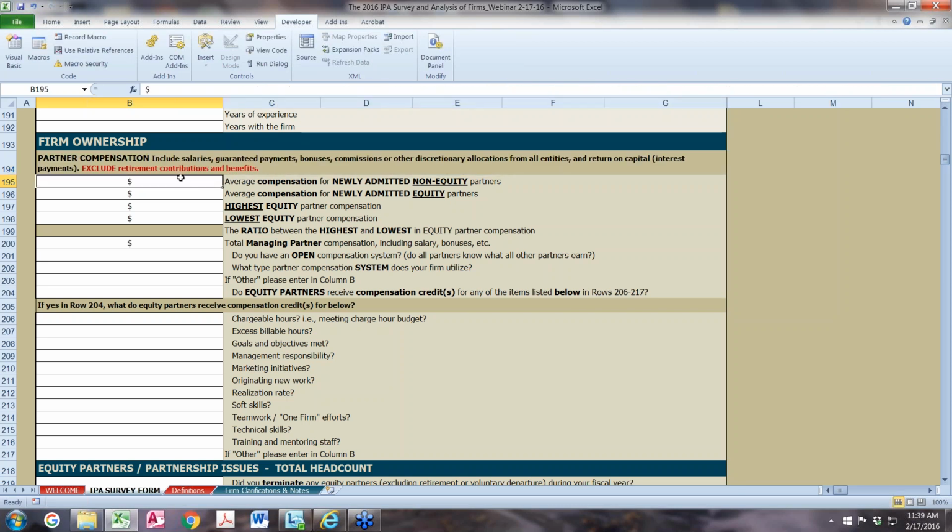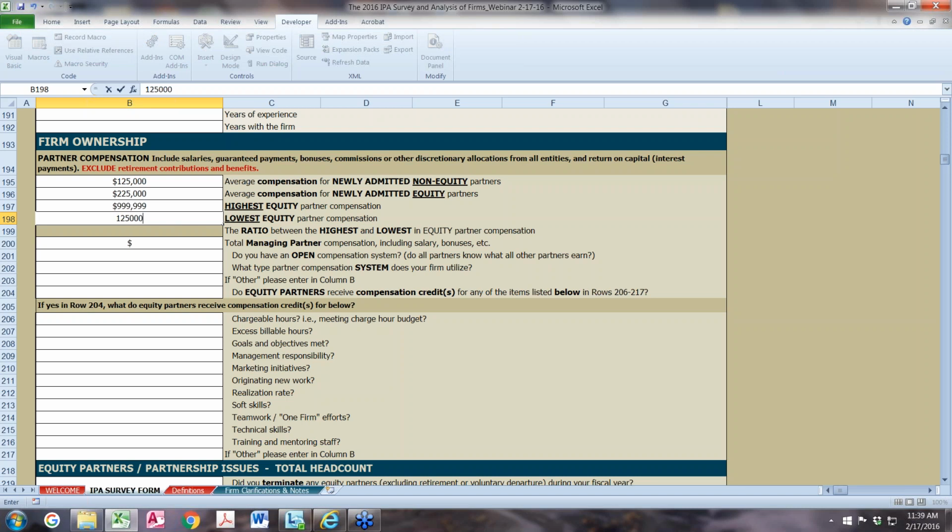Row 195 and 196, we're looking for an average compensation number for newly admitted non-equity partners in 195 and equity partners in 196. In 197 and 198, pretty self-explanatory, the highest equity partner compensation and the lowest equity partner compensation.